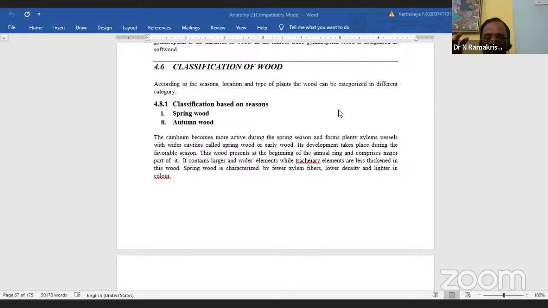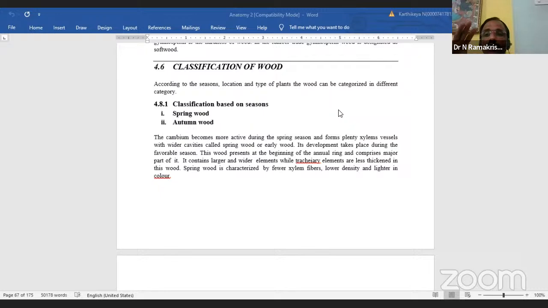See now here, anomalous secondary growth: abnormal behavior with the normal cambium activity. Second one is abnormal behavior, abnormal cambium. Third one is formation of accessory rings, and formation of interxylary phloem. So based on these 4, we are looking at anomalous secondary growth.